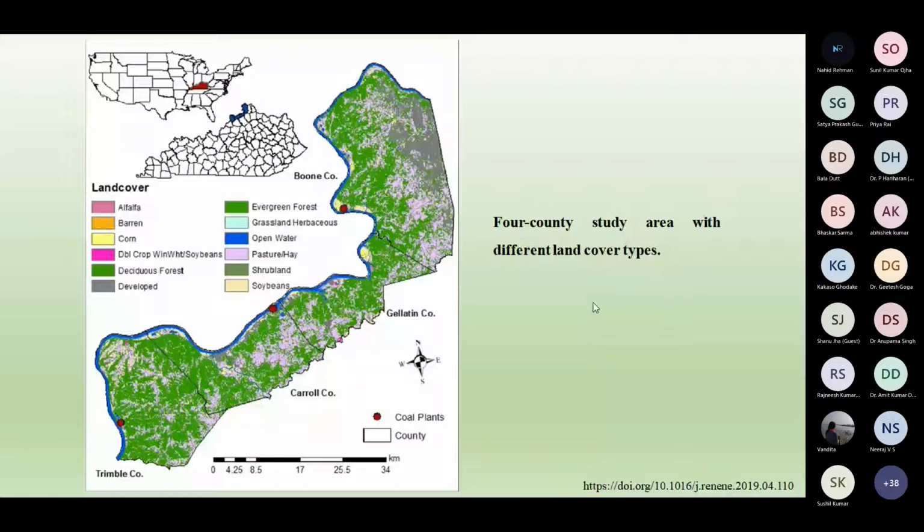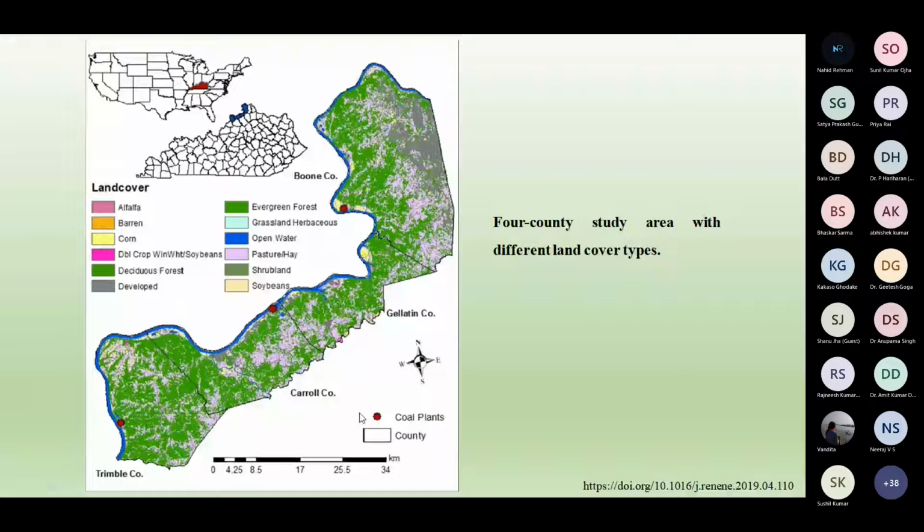Here this 4 county area with different land cover types is shown. This red is the coal plant and this square block is the county. 1, 2, 3, 4. And land cover is according to this color. What is growing over there, whether it is barren or growing corn or it is forest or whatever.